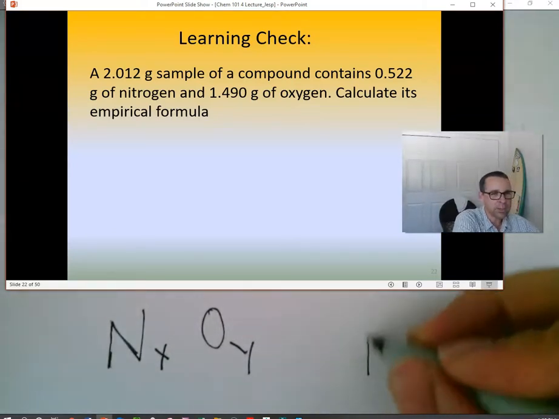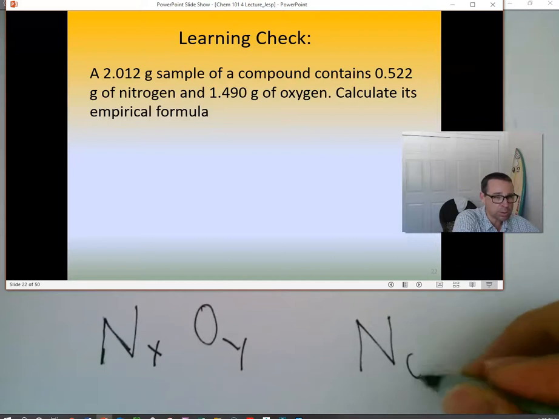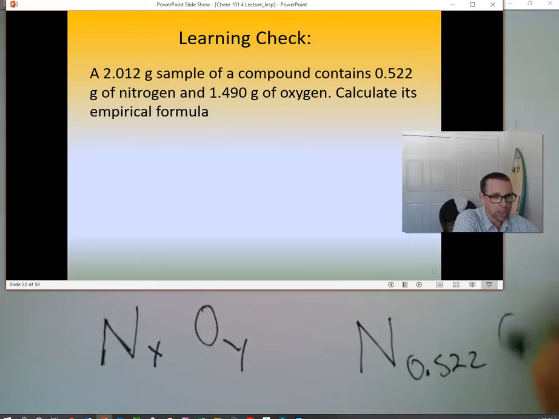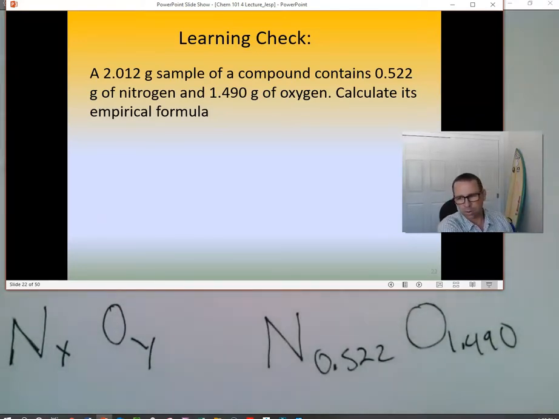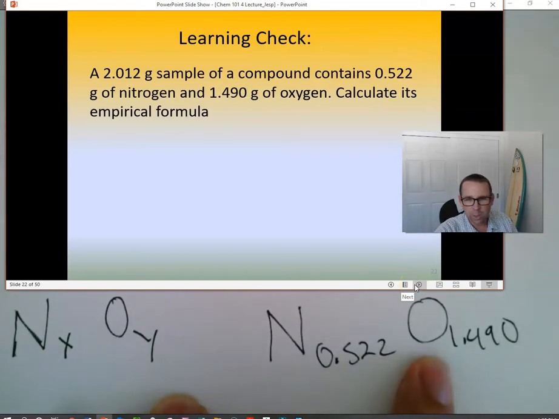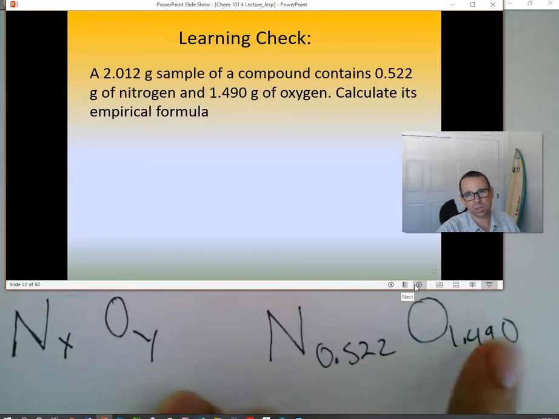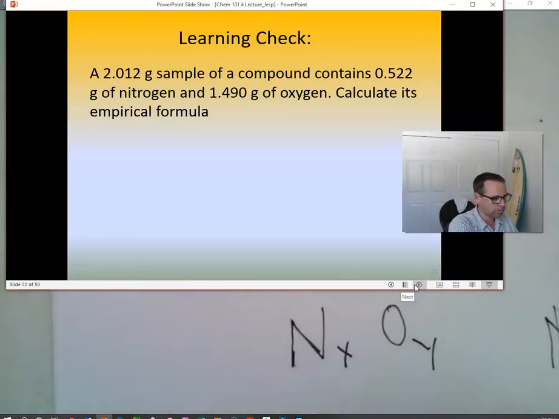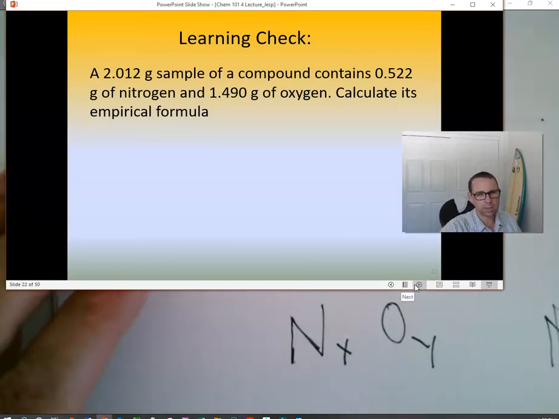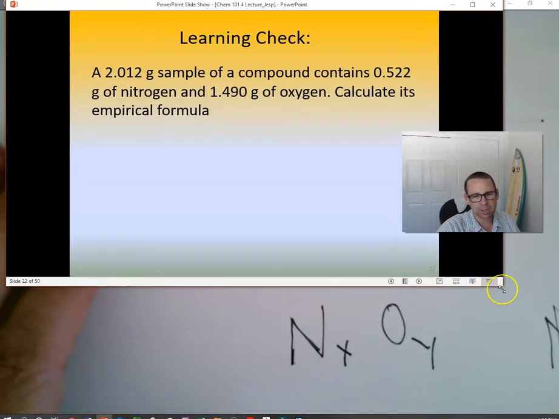But I can't take the nitrogen and put 0.522 and the oxygen 1.490 right now, because even though those are the masses of material given in the problem, an empirical formula isn't an expression of the masses of these elements. It's an expression of the moles of these elements. So we don't take the masses and put them down there. We do have to solve for these values, these X and Y, from the masses of the different elements.